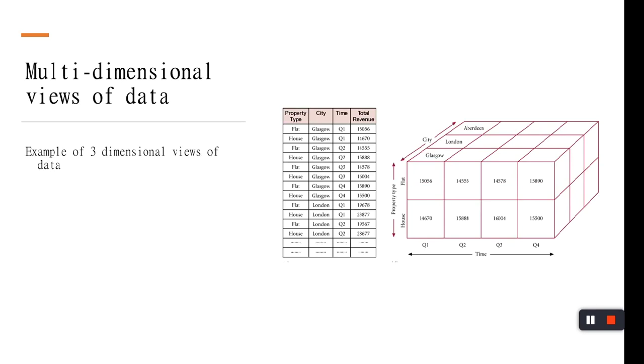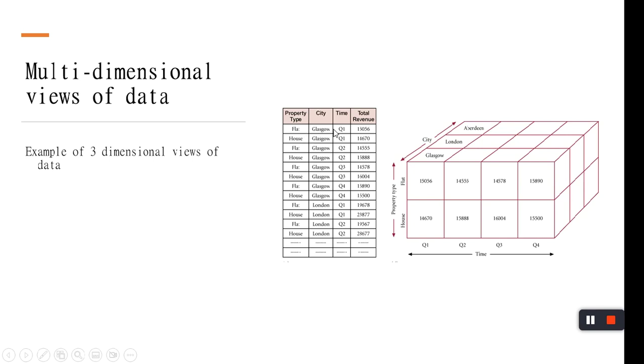This is an example of a three-dimensional view. If you are to present this one in a tabular format, sourcing from our first example, we add another column, which is your property type. So we have a flat. Flat is an English term for apartment. So flat, house.